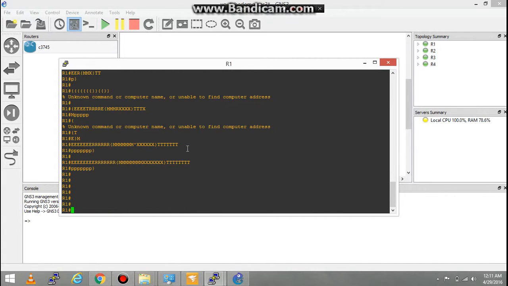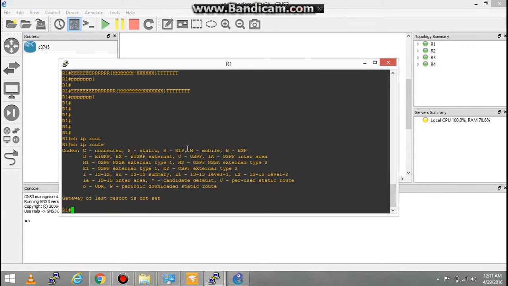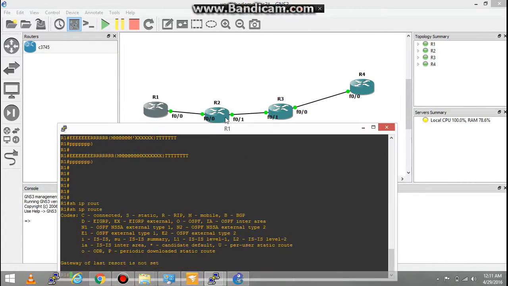Okay, in order to see the routing table, type the command show ip route. Now since we didn't configure anything on the router as of now, the routing table is completely empty. So let us begin with configuring the IP addresses on the interfaces.